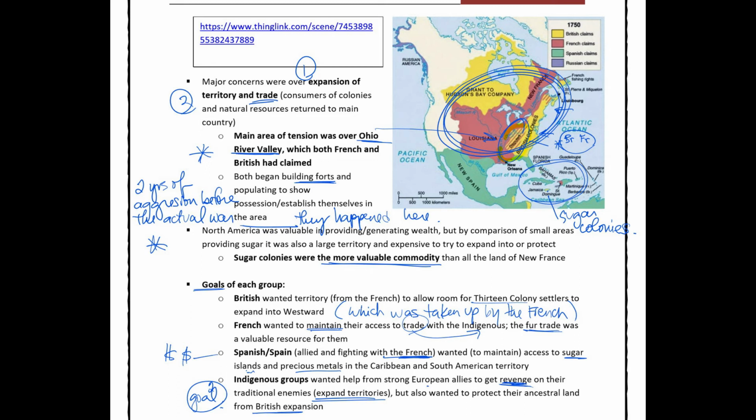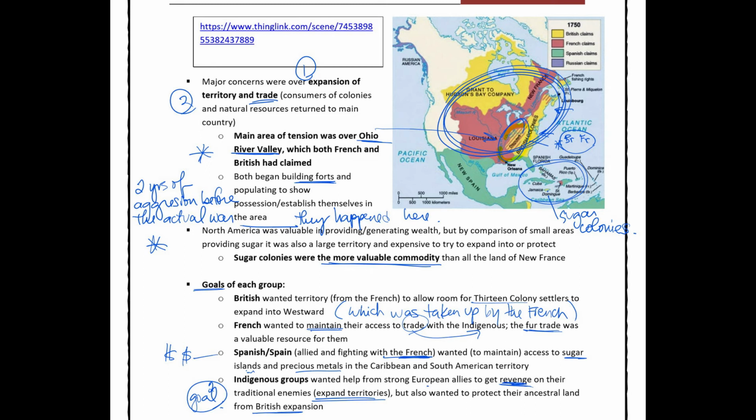So all of this other land in North America wasn't worth as much to them as these smaller locations in the Caribbean because of what they could provide for citizens back in the UK and France, right? So all of this competition was over North America, but in the end, the real valuable areas weren't even there.